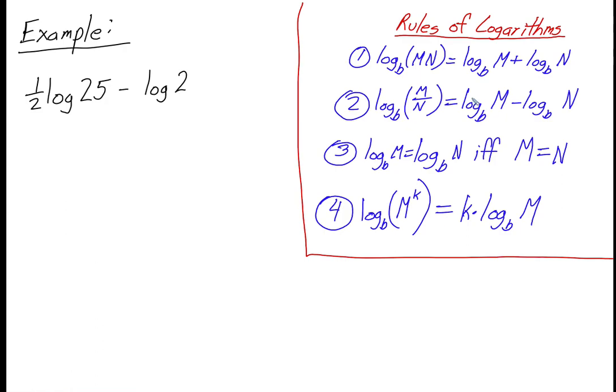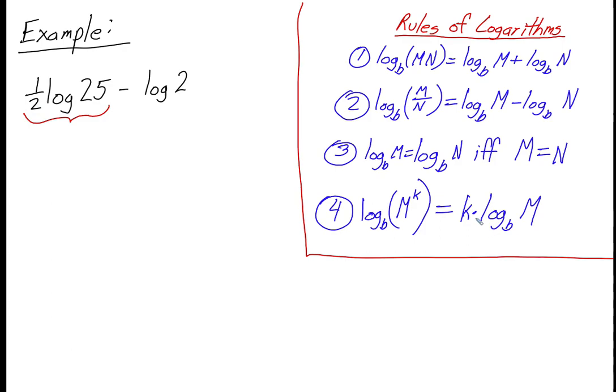But we can't yet, because rule number 2 says log minus log, and there are no coefficients in front of these logarithms. And I do have a coefficient here, so I can't combine these as they are right now using rule number 2. But we can do something with just this first logarithm by using rule number 4.